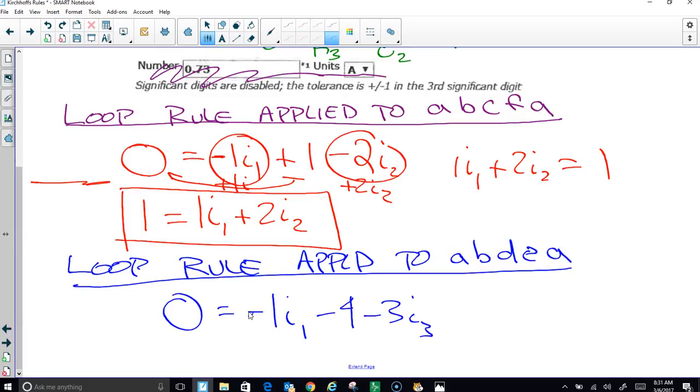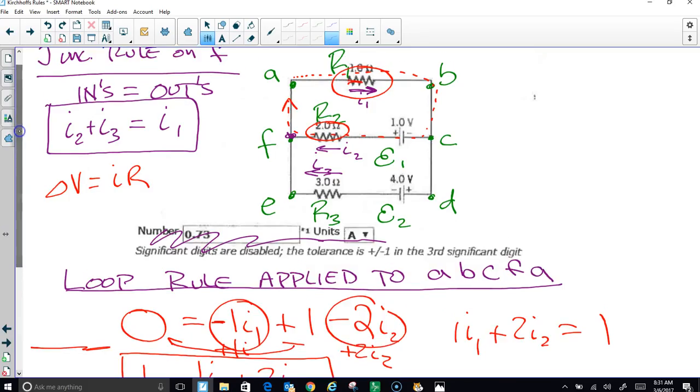Well, as I made a mistake, I think that is what we're looking at. It starts off just like the other one. We go across resistor 1 with the current, so that's a negative drop right there. Then the next thing we encounter is the second EMF. As we're coming around this way, we go from high potential to low, so that's a negative 4 drop.